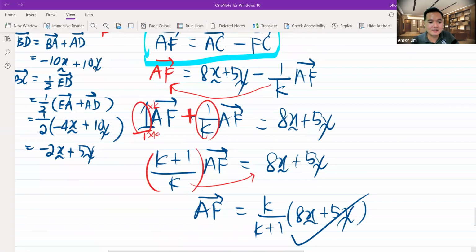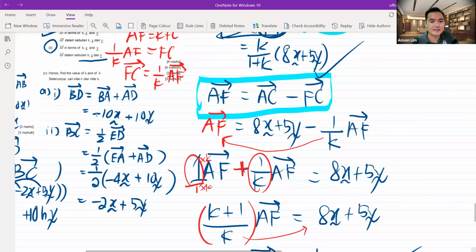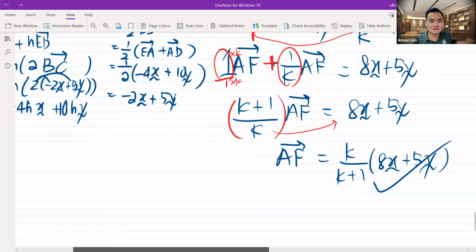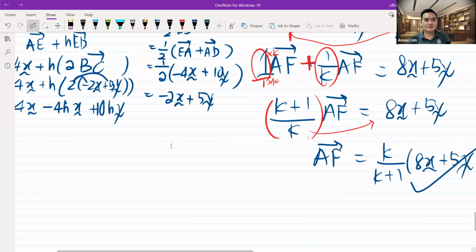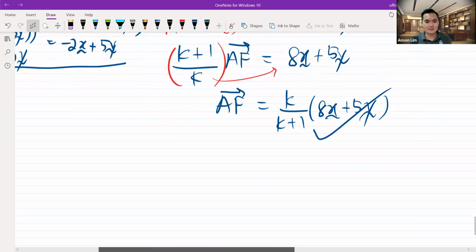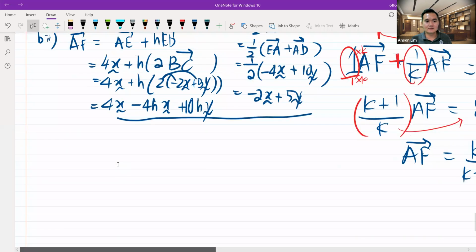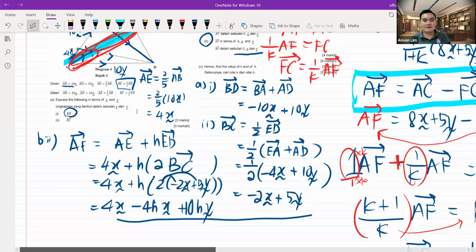Okay, now the other question is they ask you to solve H and K, right? To solve H and K, you got AF ready, and then you also need to find another AF. Both are also AF.